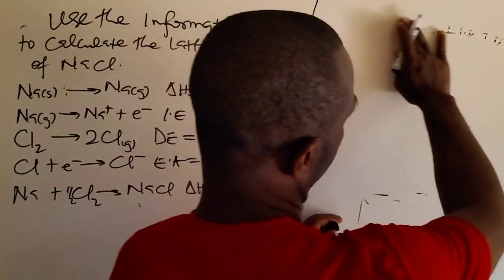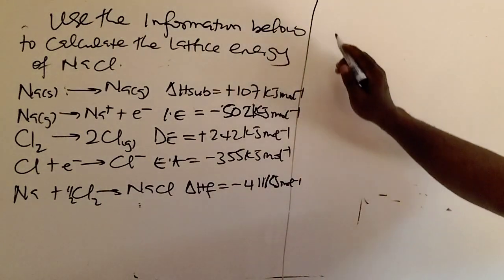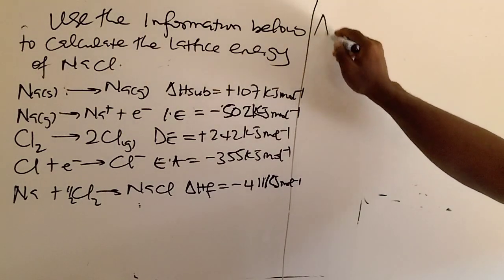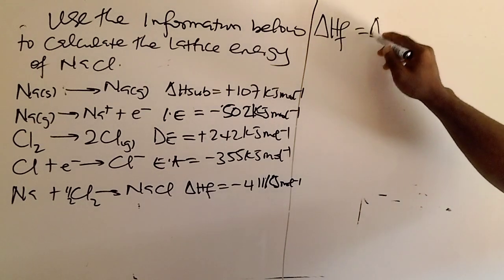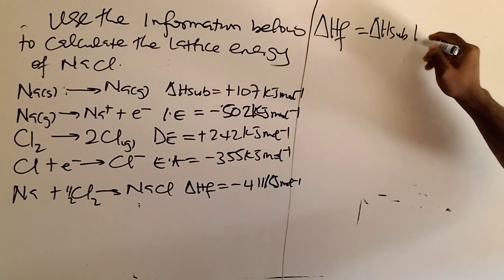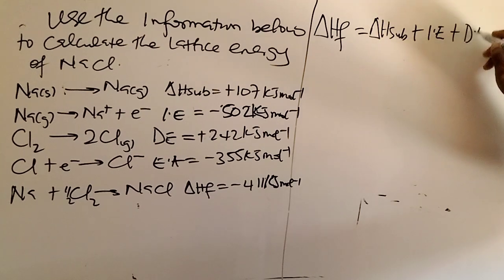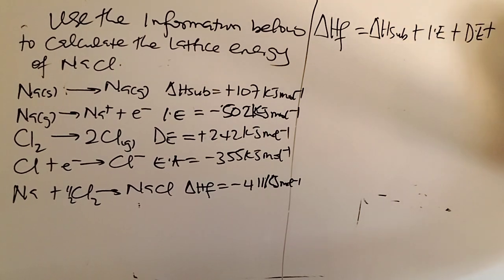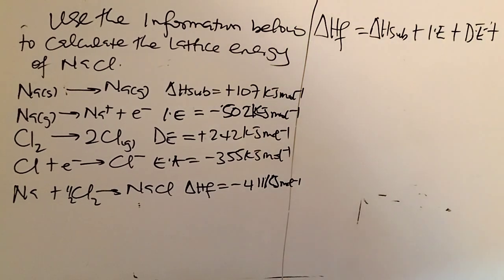From the Born-Haber cycle and Hess's law of constant heat summation, the enthalpy of formation is the sum of the other enthalpies: enthalpy of sublimation plus ionization energy plus bond dissociation energy plus electron affinity plus the lattice energy.